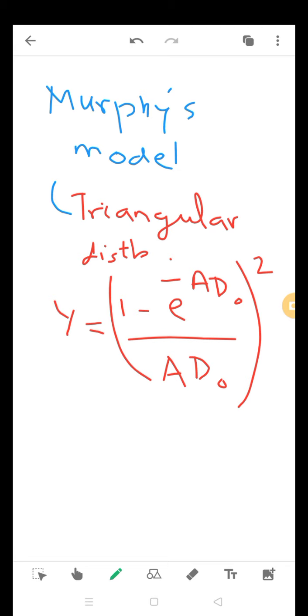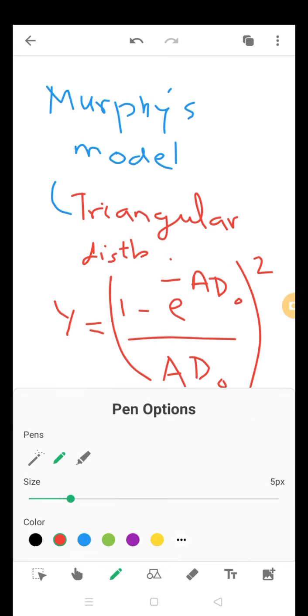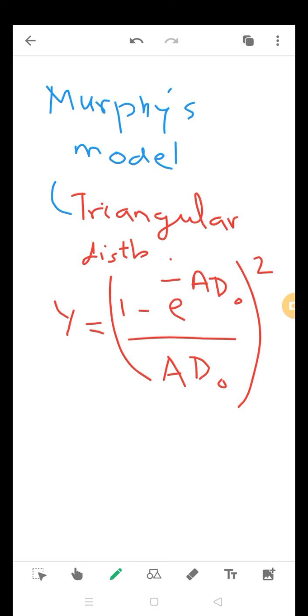Now there is another model called the exponential yield model, which is based upon the condition that a high defect density occurs in small areas of the sample.